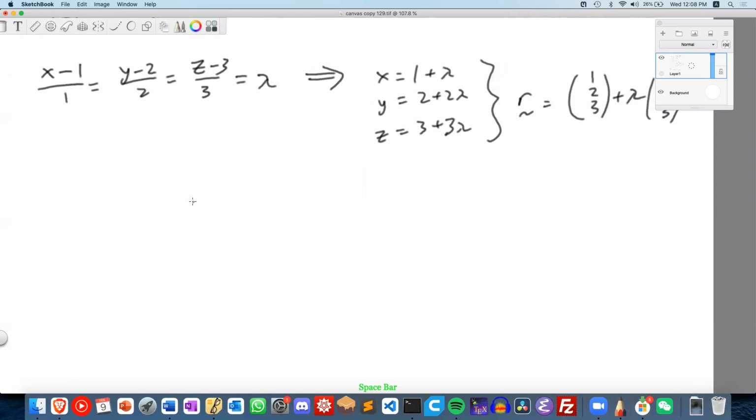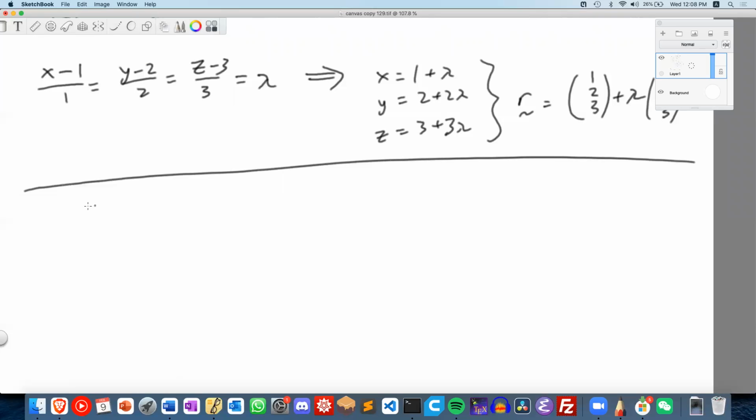But let's say the question gives us another example where x minus 1 over 1 equals y minus 2 over 2, and then they say z equals 3, or let's say z equals 5. So what do we do in this case? In this case we will realize that z is already constrained, so z equals 5.